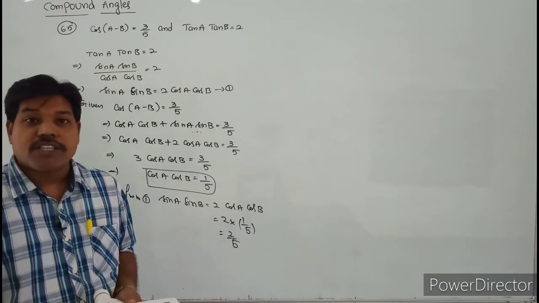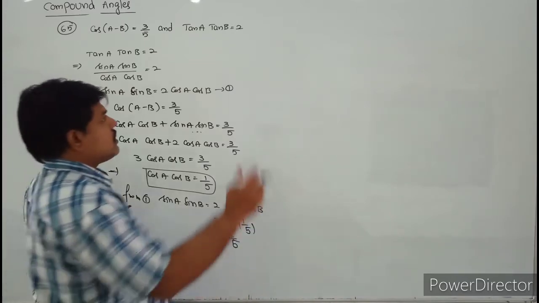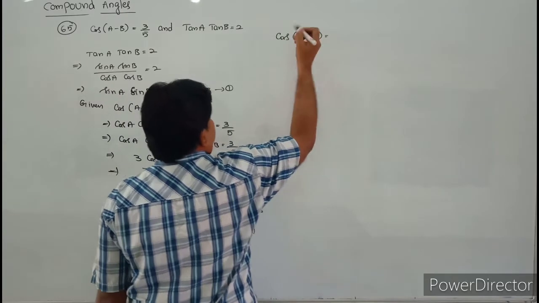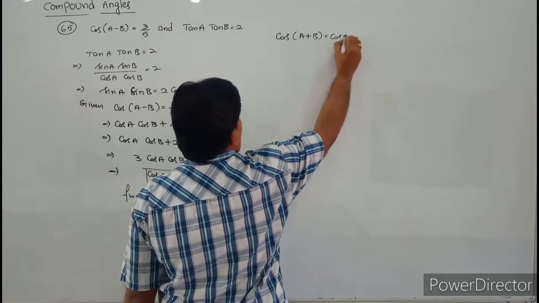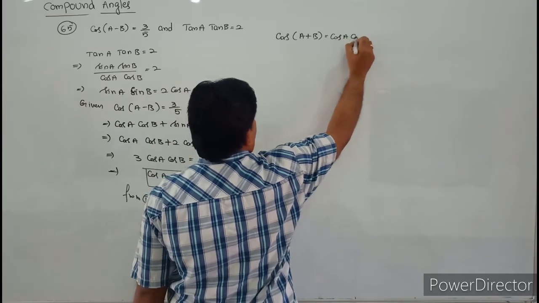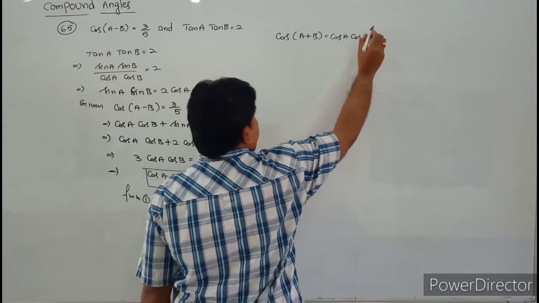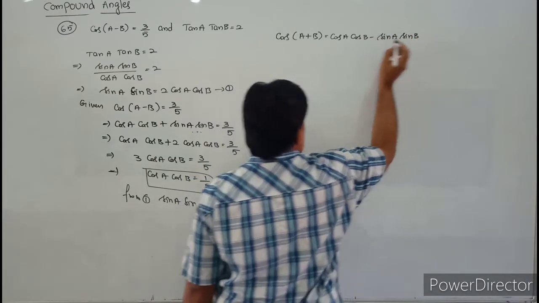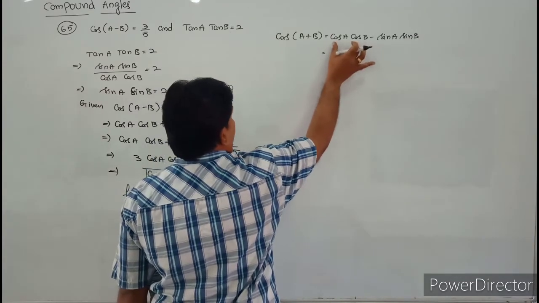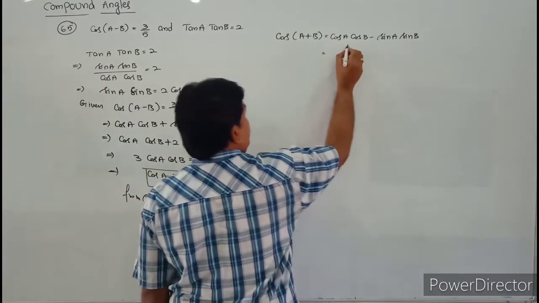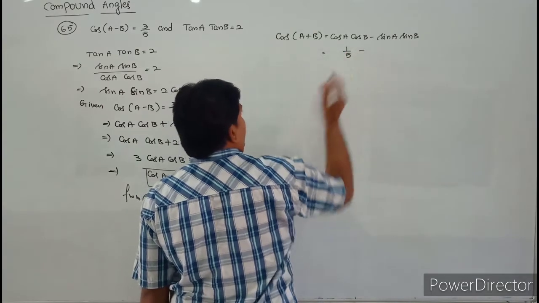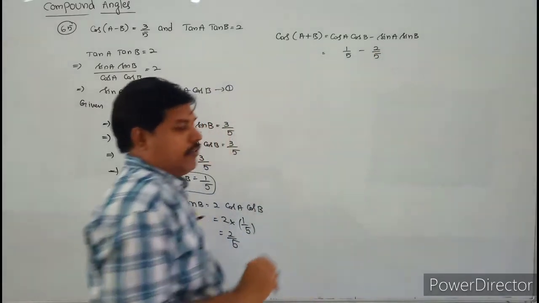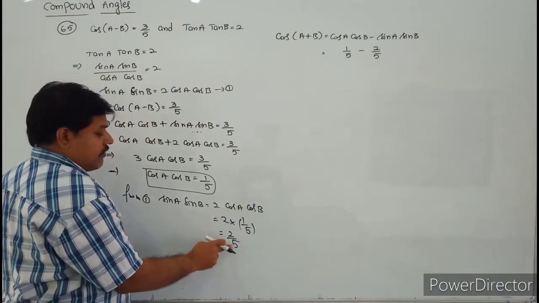Next option, we have to verify cos of A plus B. What is the cos of A plus B formula? Cos A cos B minus sin A sin B. Cos A cos B value is 1 by 5 minus sin A sin B value, which is 2 by 5.